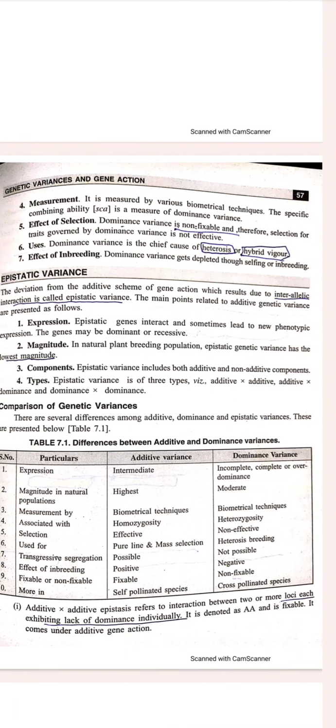Therefore, the selection for them is ineffective, because if we cannot fix them, their magnitude will differ every time you cross them or allow them to self-pollinate. Their magnitude will not be the same as the parental population or as you have selected, so selection is not effective.